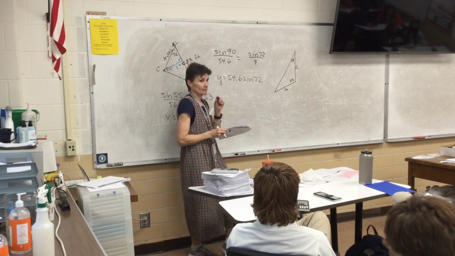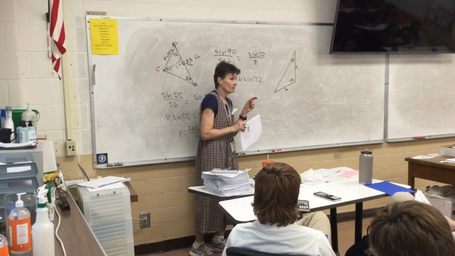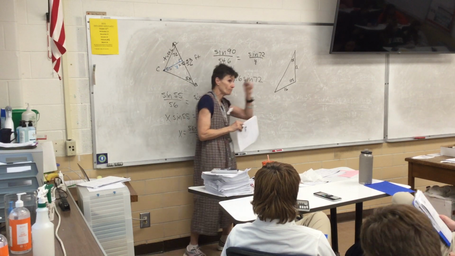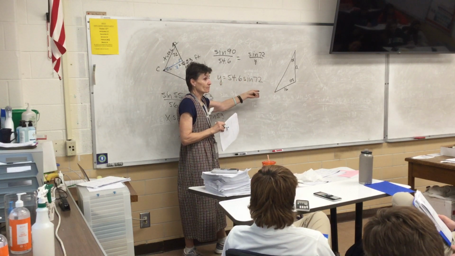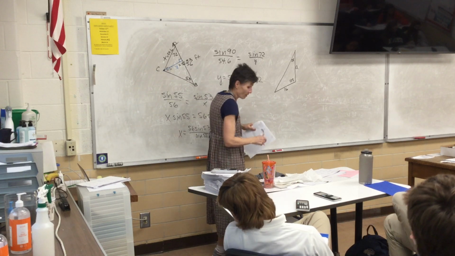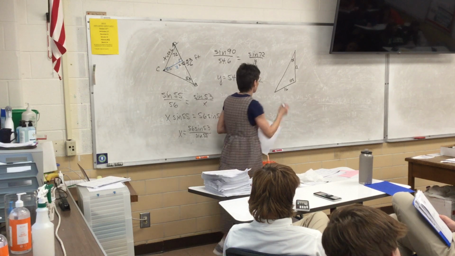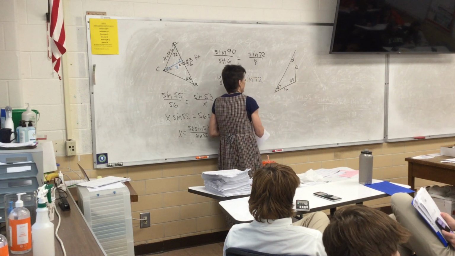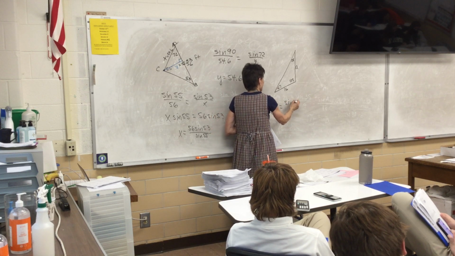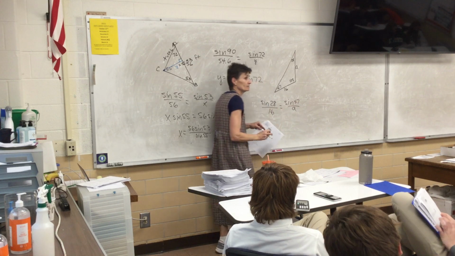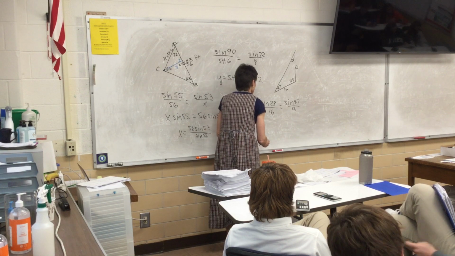Now, you might want to spend a little time with that problem in case the picture isn't provided next time. Make sure you can figure out that picture from the words in the problem. But isn't that really all I need right there? Because I can figure out that that third angle is 47, and then sine 28 over 16 equals sine 47 over A. Oh my gosh, I love the law of sines, don't you?